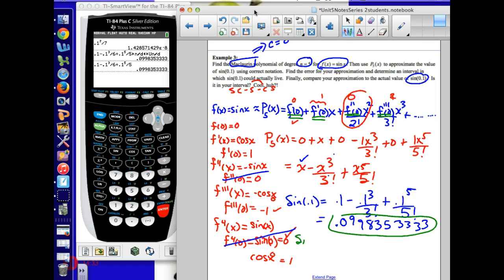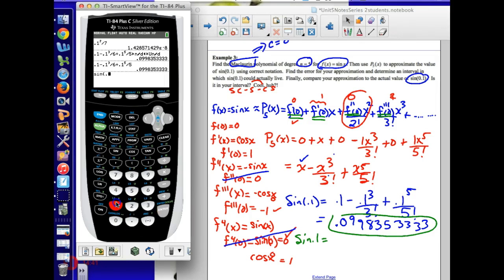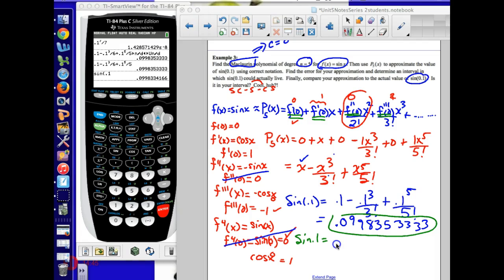And now I'm going to actually do sine 0.1 on my calculator. And I end up getting 0.099833466. And you'll notice that I have a match right up to here.